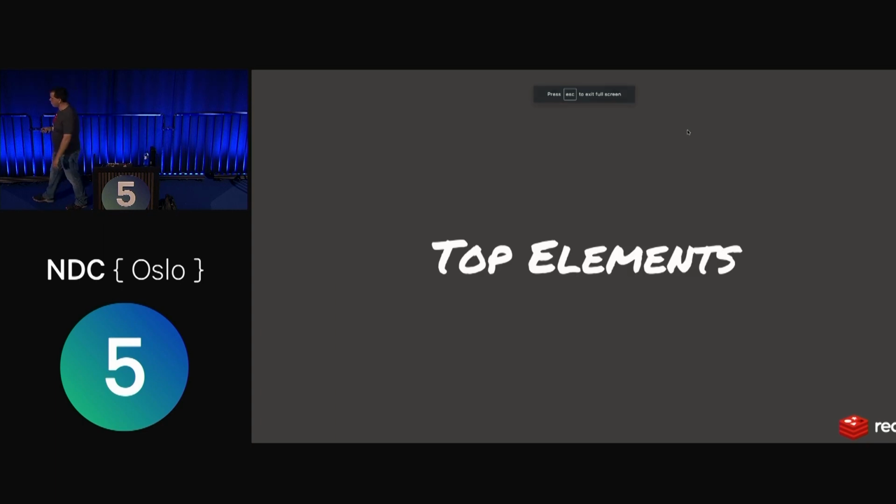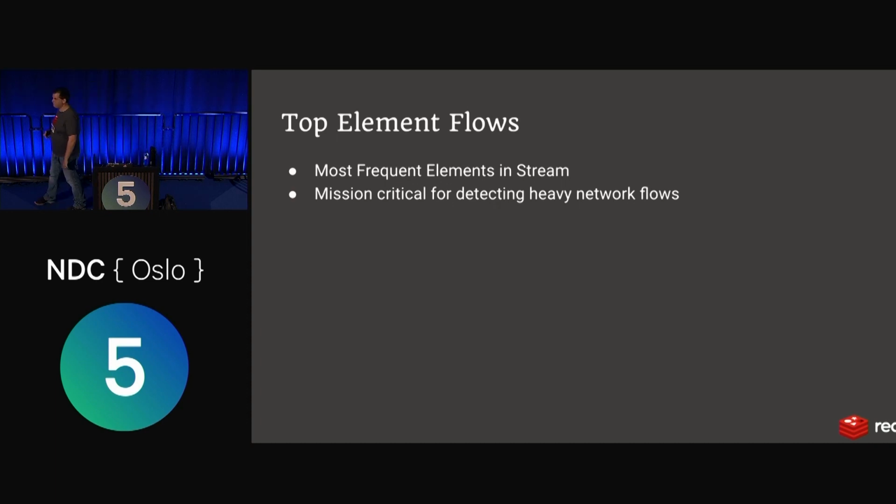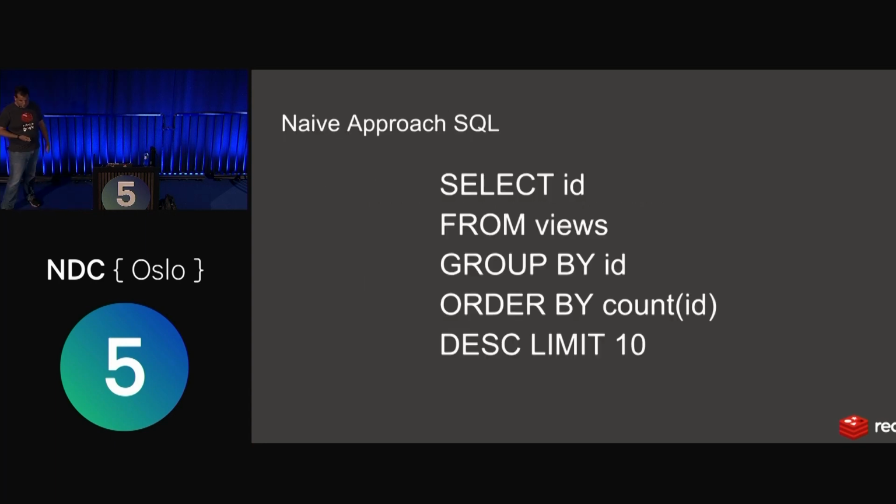So the last question we're going to ask ourselves is about the top elements, the heaviest flows that we're seeing in a particular stream of data. Top element flows are the most frequent elements that we encounter in a stream of data. This can be really mission critical for detecting heavy network flows, and you can think of all sorts of really neat applications for this.